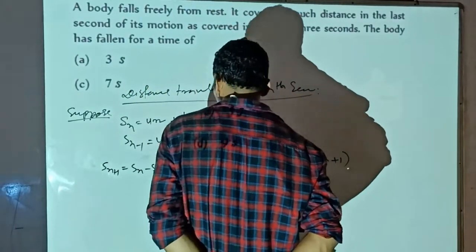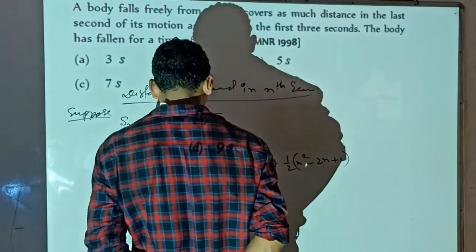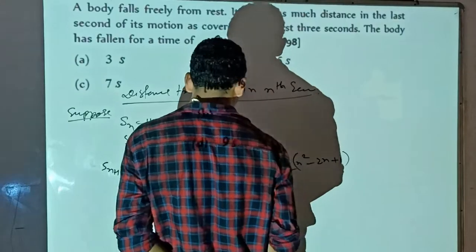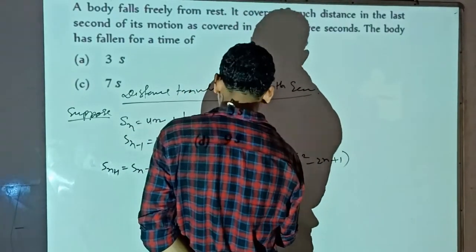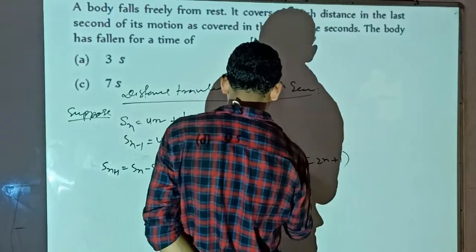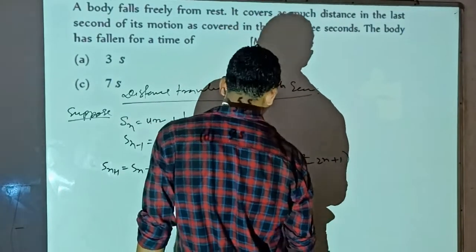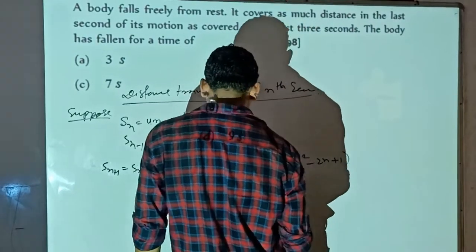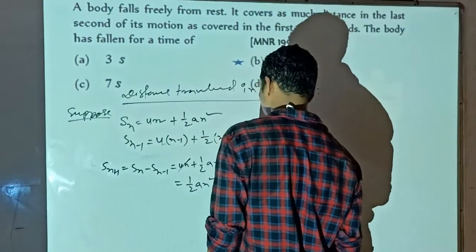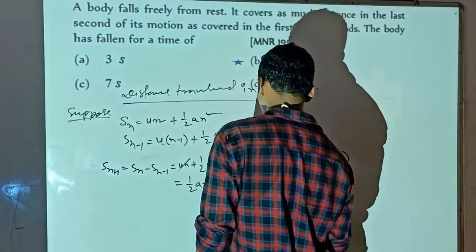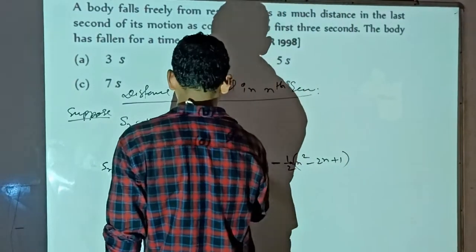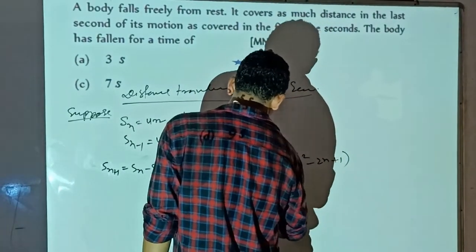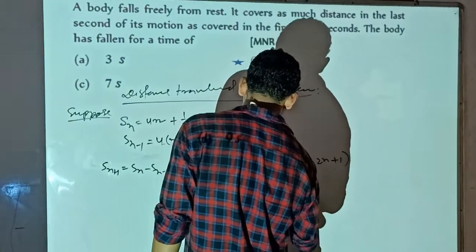One will be positive, and this one is negative, minus half of a n square.